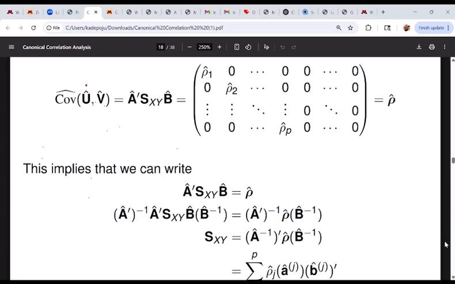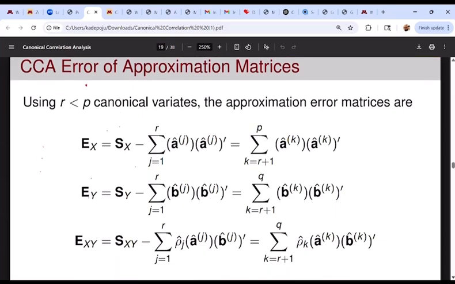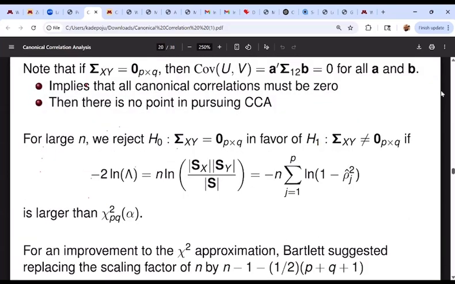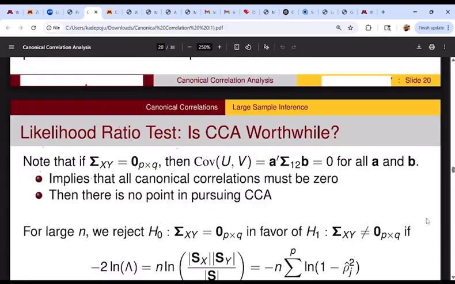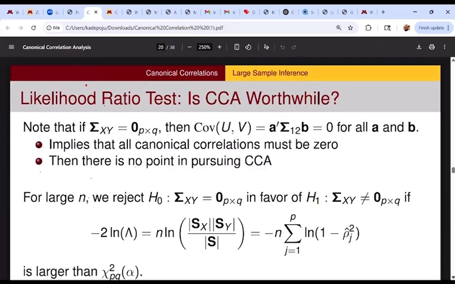Let me see, what do I have left? I think I'm going to stop here. I'm going to start from the CCA error of approximation matrices in class tomorrow. And from there, I'm going to talk about how we investigate if a canonical variate that we're seeking is significant.